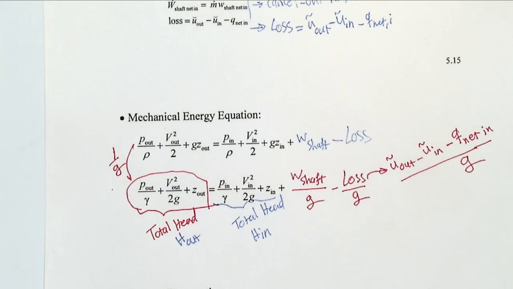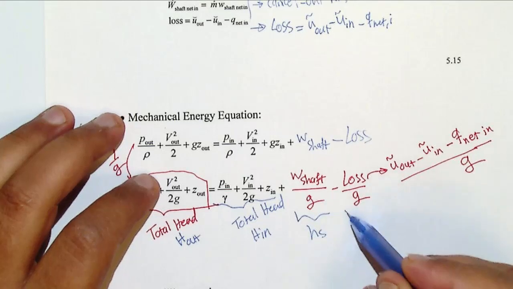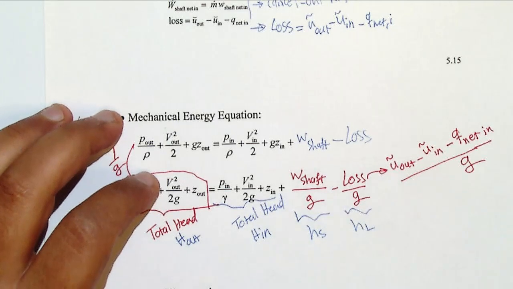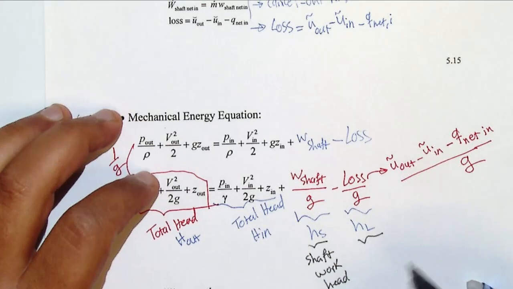We add two terms there, which are our loss and work. So we put the two names here, which are HS and HL. This is going to be your shaft work head, and that would be your loss head, or head loss.